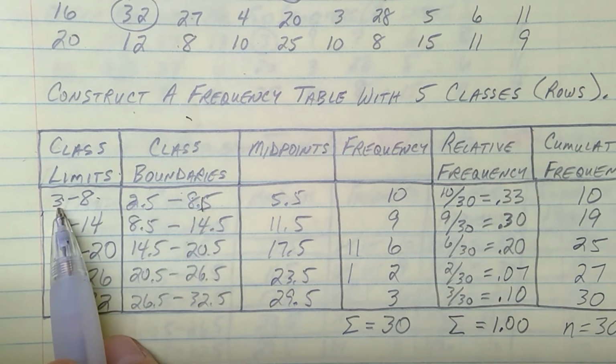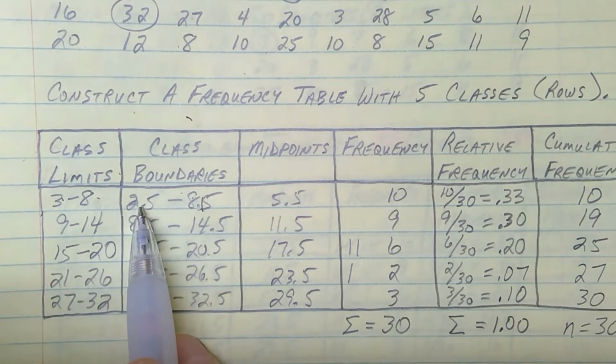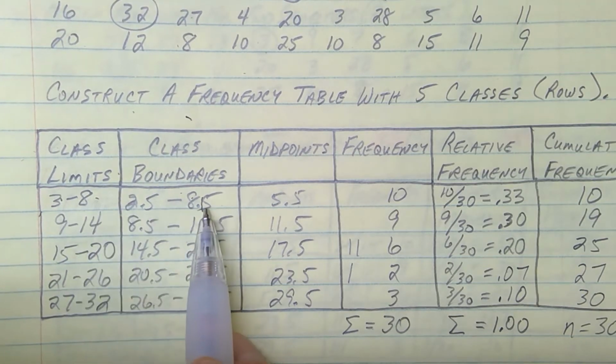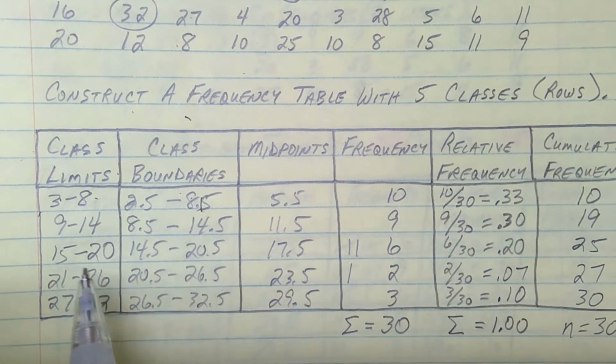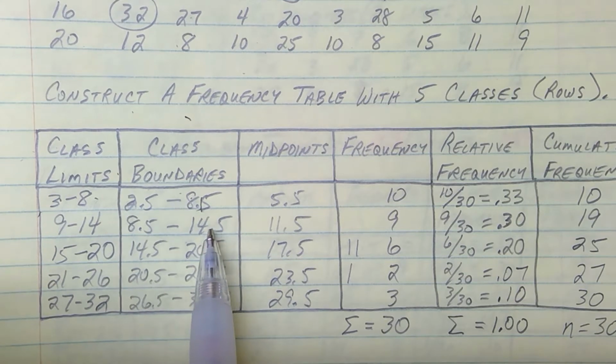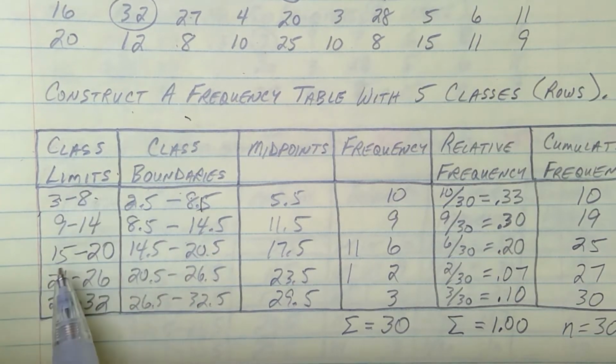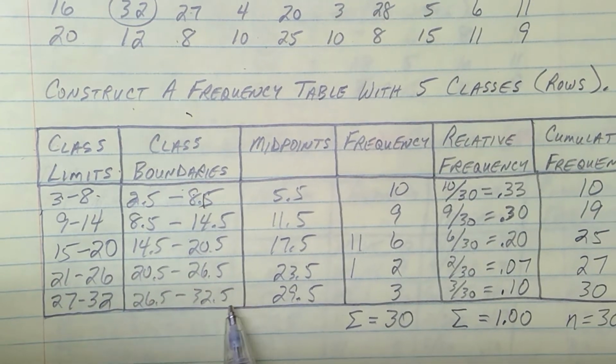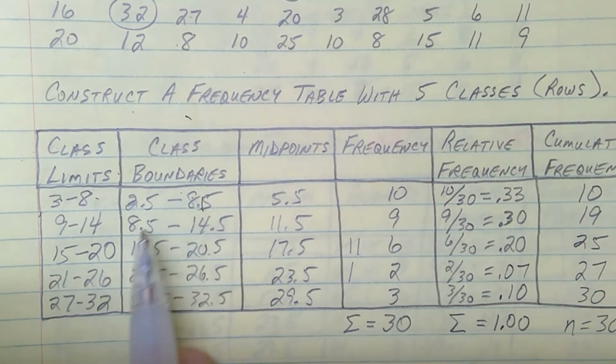We're going to just stretch them a half step in each way. So a half step lower than 3 is 2.5, and a half step higher than 8 is 8.5. Stretch this down, that's 8.5. Stretch it up, that's 14.5. So we stretch each one of our limits half a step either direction. We're going to stretch that out, and now basically every number has a definite row to go to.